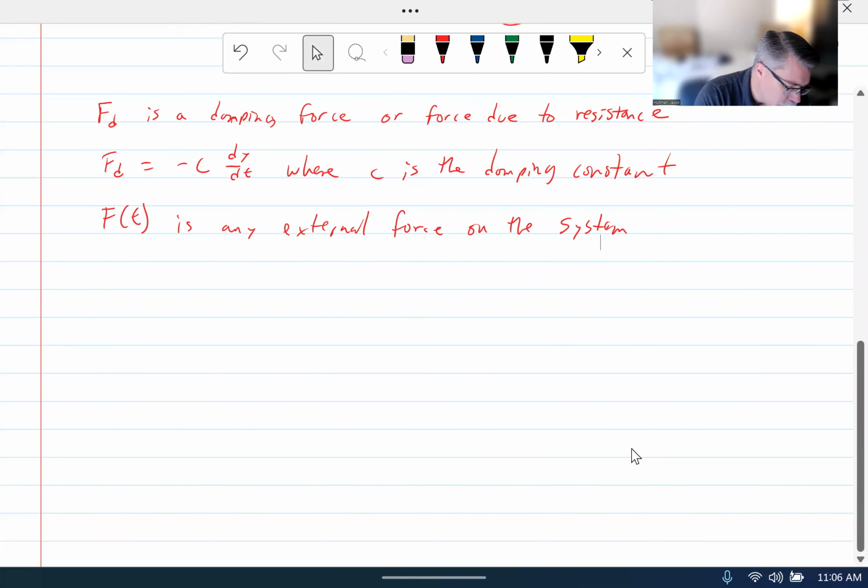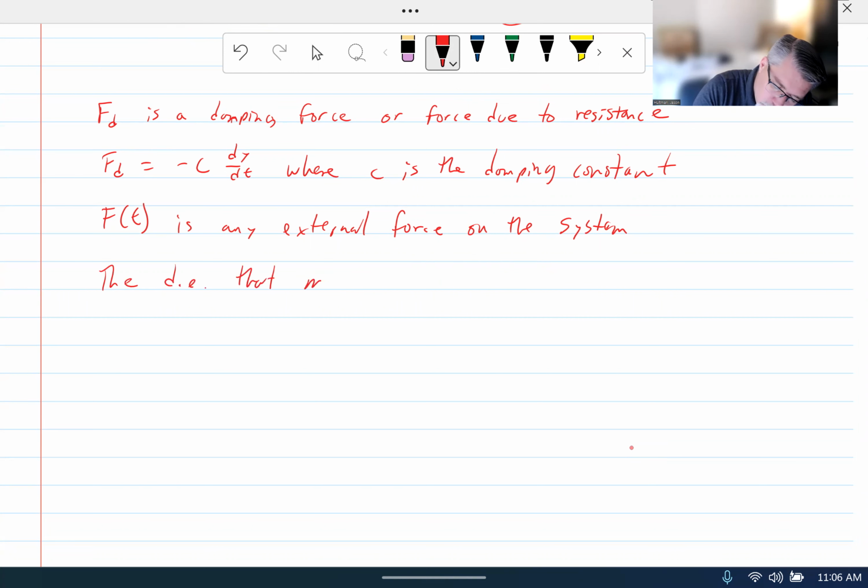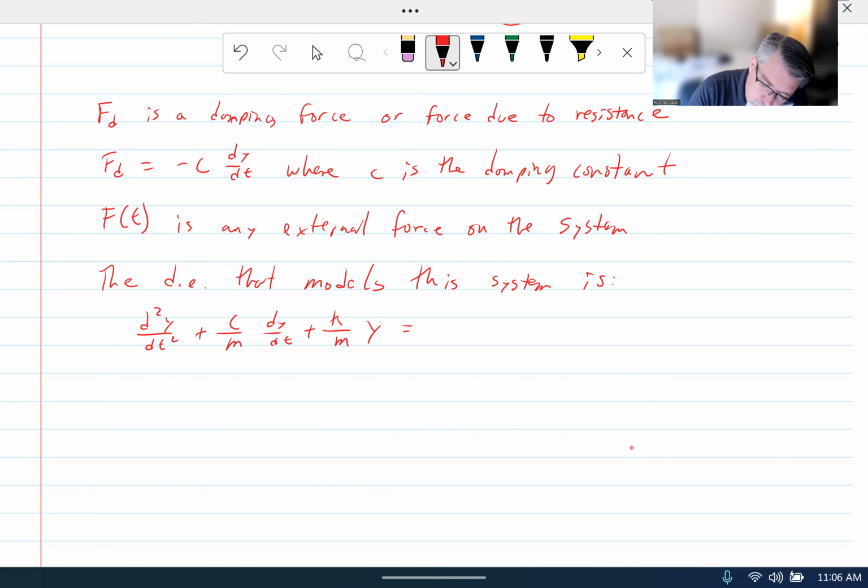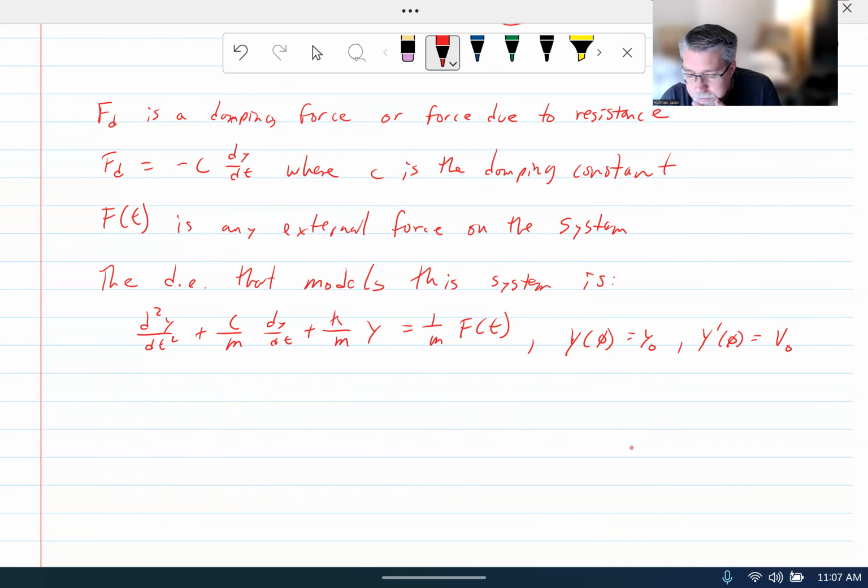So the total differential equation that models the system is d²y/dt² plus c over m dy/dt plus k over m y is equal to 1 over m f of t, where y of 0 is equal to y naught, and y prime of 0 is equal to v naught, the velocity at time 0.